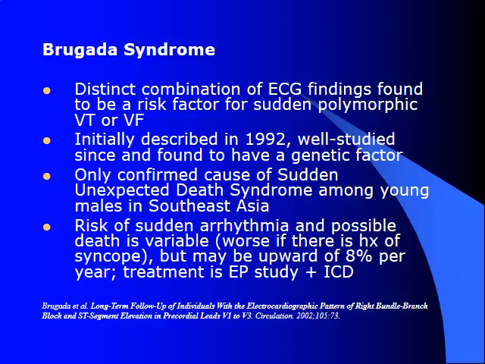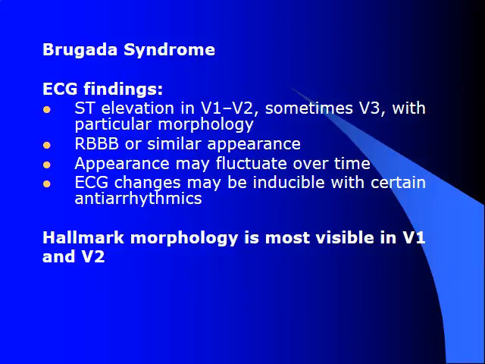There is a risk of sudden arrhythmia and possible death. It is worse if there is a family history of syncope or a personal history, but it may be upwards of 8% per year. Treatment is an electrophysiology study and an implanted cardiac defibrillator. Brugada syndrome has pretty specific ECG findings.